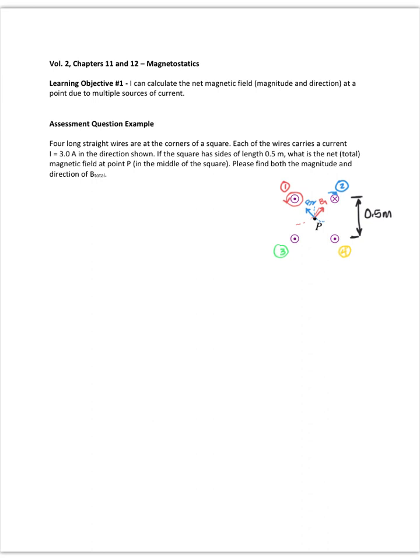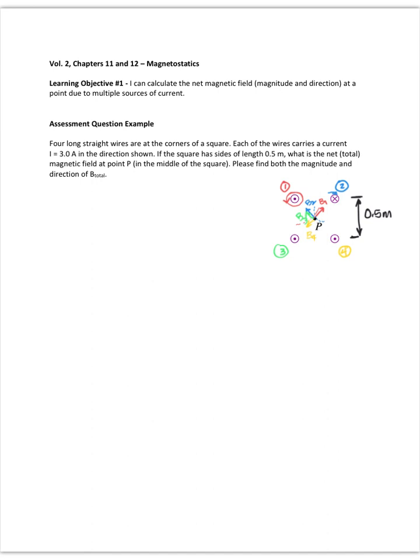Now I'm going to do the same thing for 3 and 4. Again, I'm imagining the circle tangent to point P, and then I draw my arrow at point P tangent to the circle. So B3 is actually in the same direction as B2. And then finally I'm going to do 4, and B4 is going to look like this.